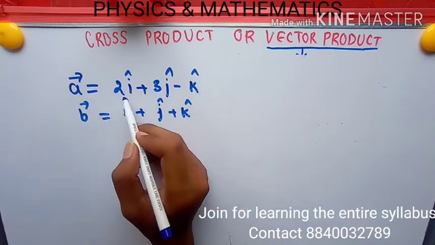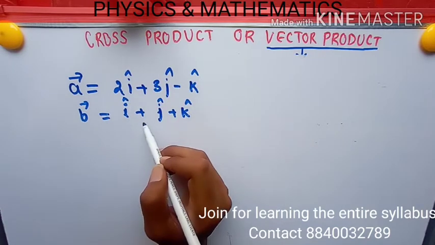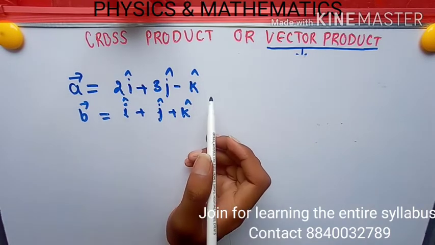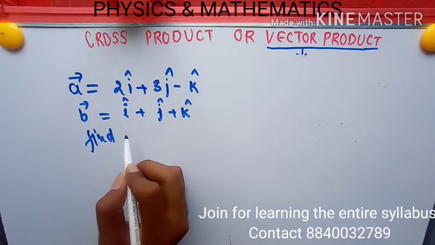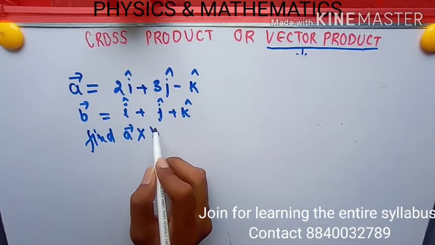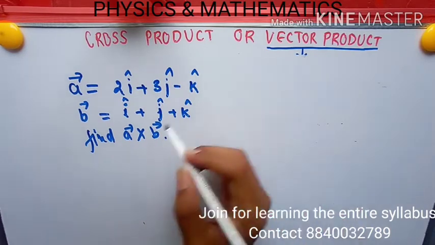A vector is equal to 2i plus 3j minus k cap, and b vector is equal to i cap plus j cap plus k cap. And you have to find a cross b. Do it along with me in your copy quickly.